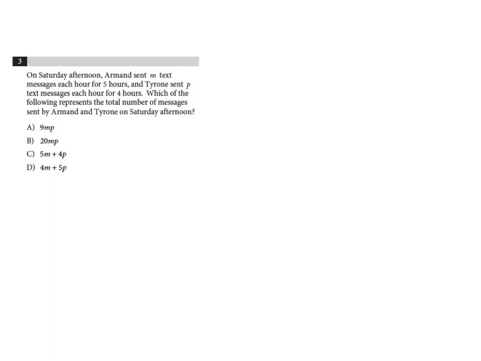If Armand sent M messages for 5 hours, then he sent M times 5, or 5M messages. If Tyrone sent P messages each hour for 4 hours, he sent 4P messages. So 5M plus 4P will be our answer.